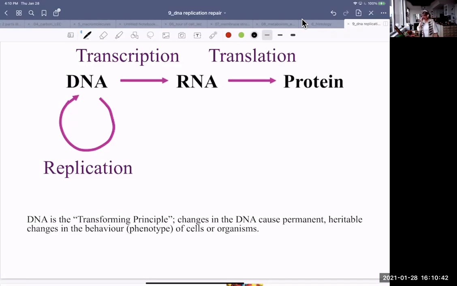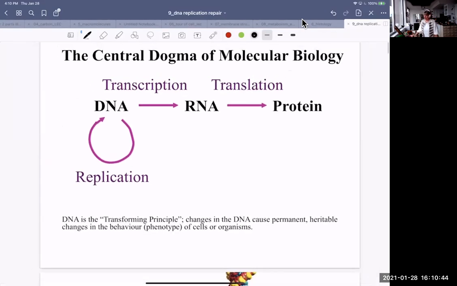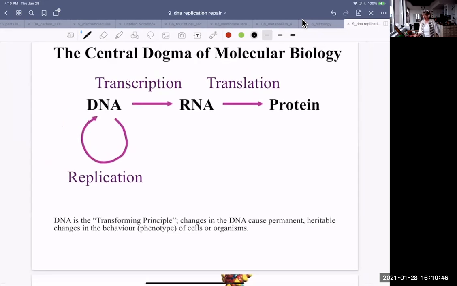So this is kind of the central dogma of molecular biology, in that there's DNA, it gets replicated into new copies. It also gets transcribed into RNA, and the RNA gets translated into a protein.